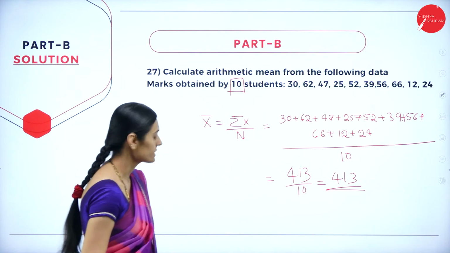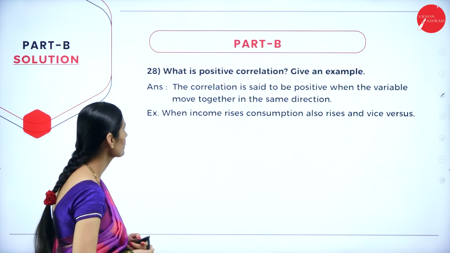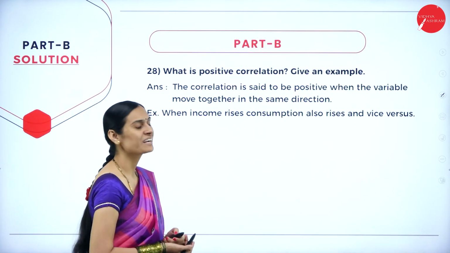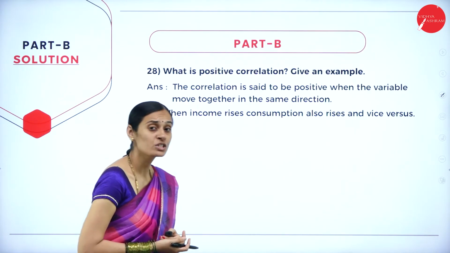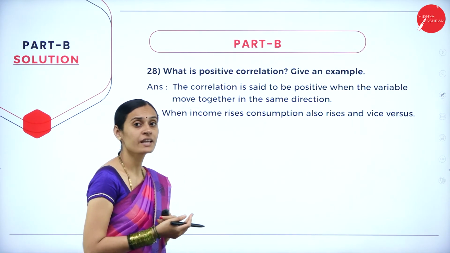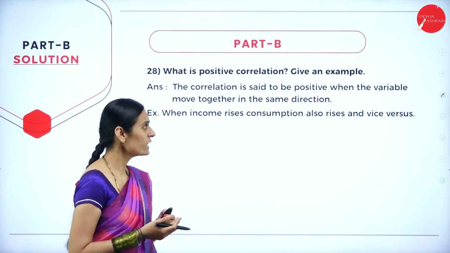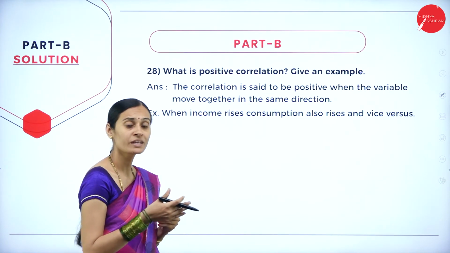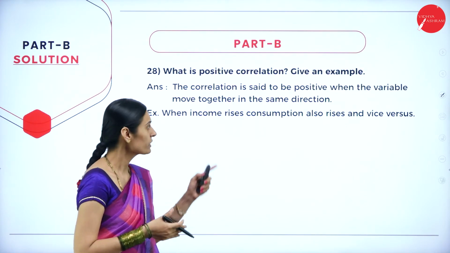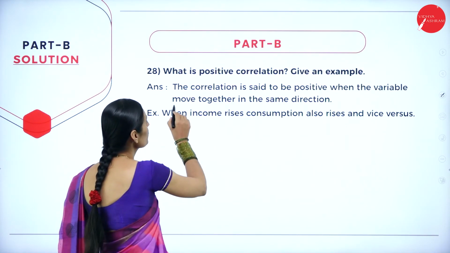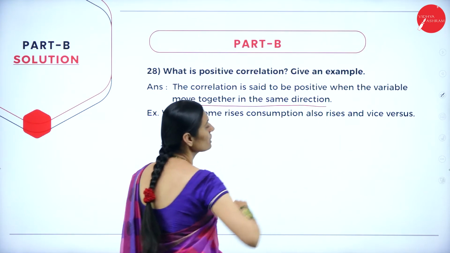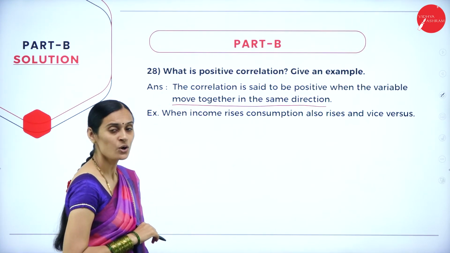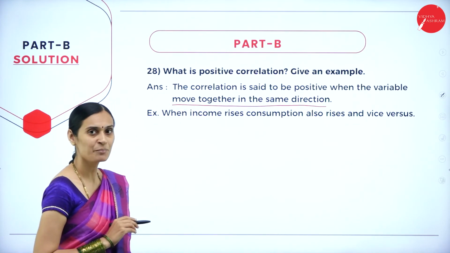Okay. Next, 28. What is positive correlation? And give an example. Positive correlation is a positive direction relationship. If you consider two variables, and they move in a positive direction, moving together in the same direction, it is called positive correlation. What are the best examples?